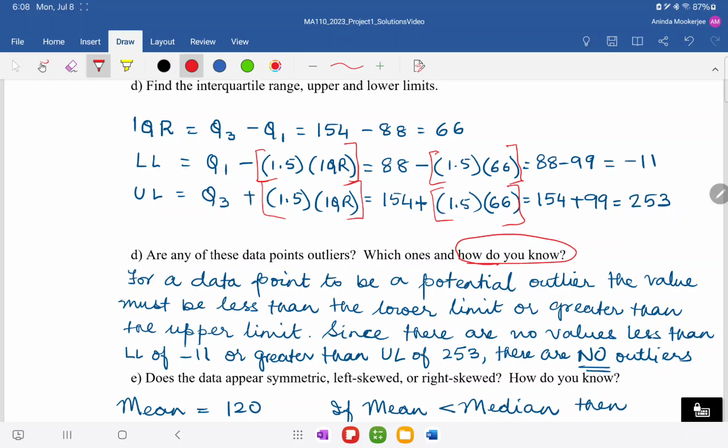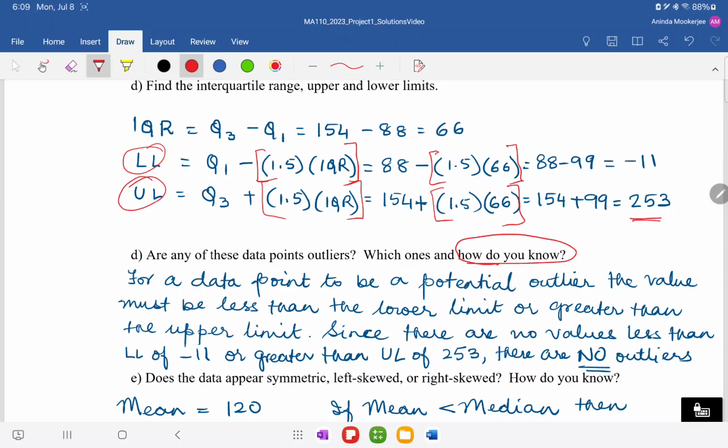So in order for a value to be a potential outlier, it has to be less than the lower limit or greater than the upper limit. Our values start from 57 at the lower end. So 57 is not less than minus 11, so there's no potential outlier at the lower end.